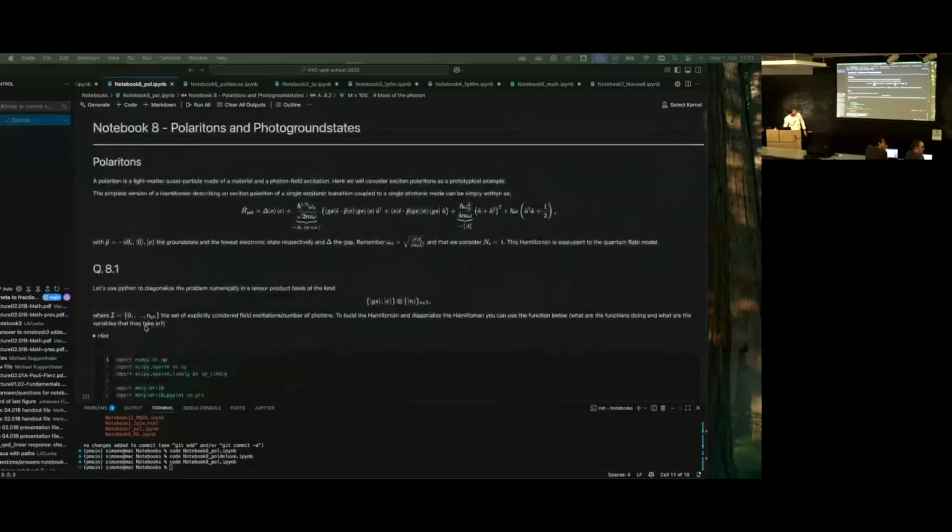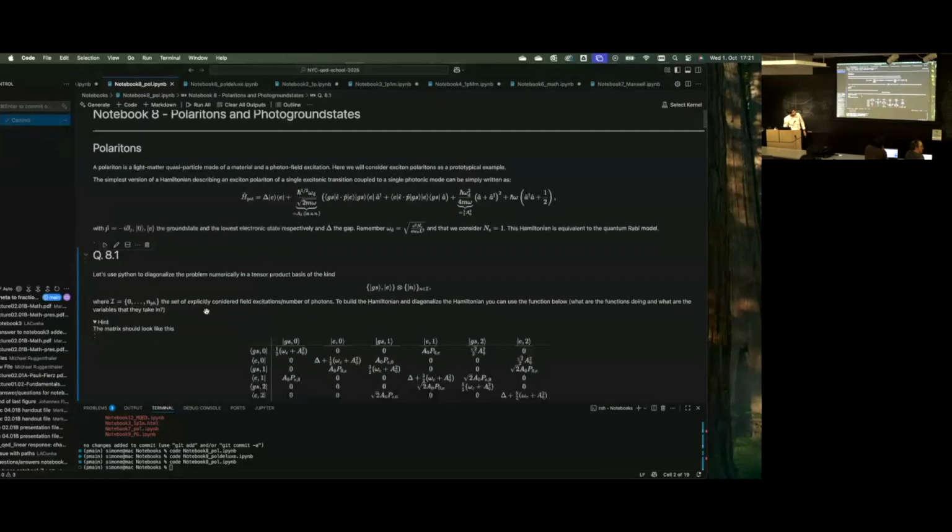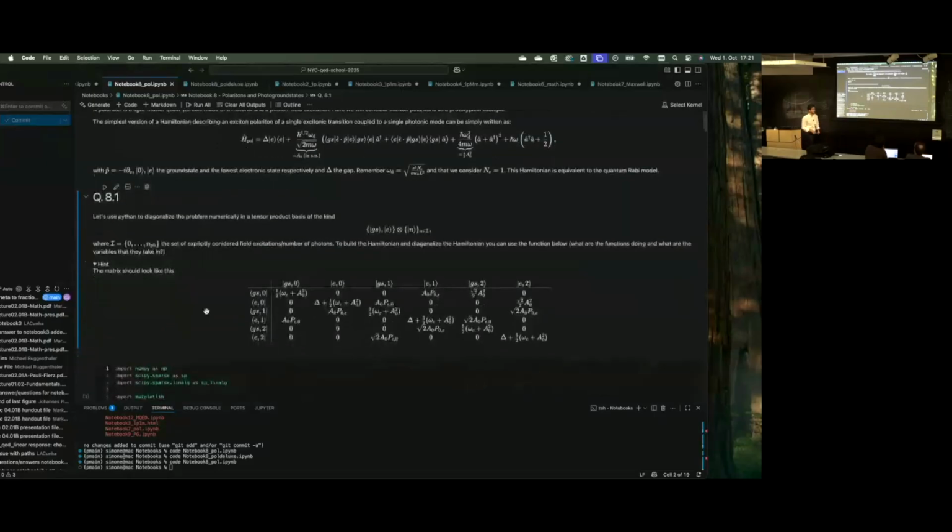If you open this hint, this is the matrix that you have to solve associated with the Hamiltonian above. The ansatz here is that you solve on this system where you have one ground state and one excited state. Then you can expand or project this Hamiltonian onto this reduced Hilbert space.